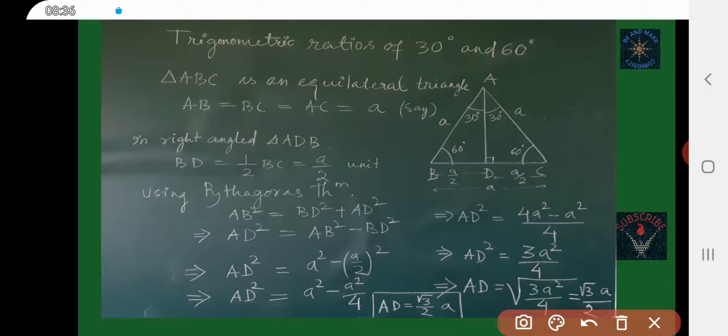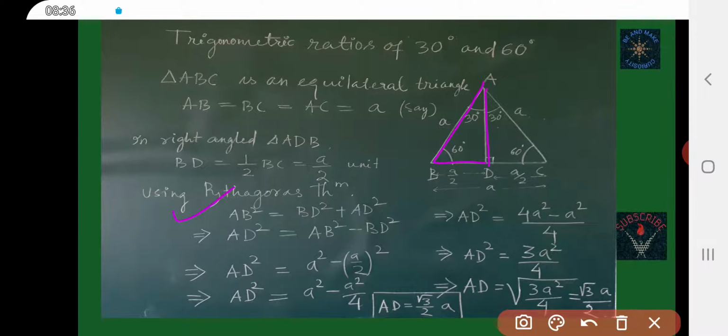Now you find AD, the height of the triangle. You can use Pythagoras theorem in this triangle ADB.